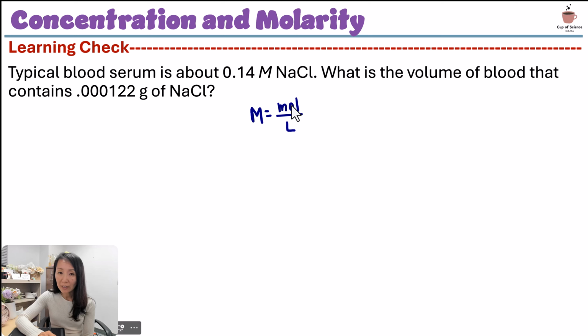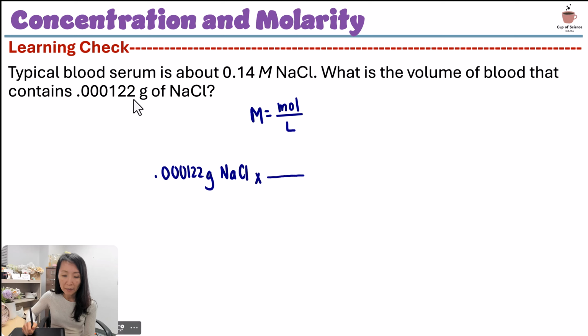We could definitely find out the moles by calculating with the molar mass of sodium chloride. We have the mass, not the moles, but we can utilize the molar mass to get the moles. So let's go ahead and do that. 0.000122 grams of sodium chloride. And then you're going to multiply by the molar mass.